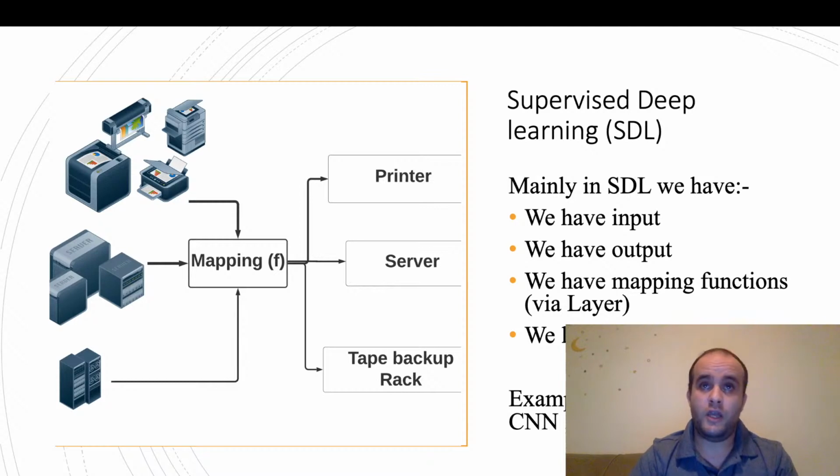We have an input, which is an image or text or anything, and we have an output, which is labeled. It can be labeled by a human. For example, a radiologist will look at the image and say this is a cancer, this is not a cancer. So we label it with the help of an expert, or it can be labeled automatically.